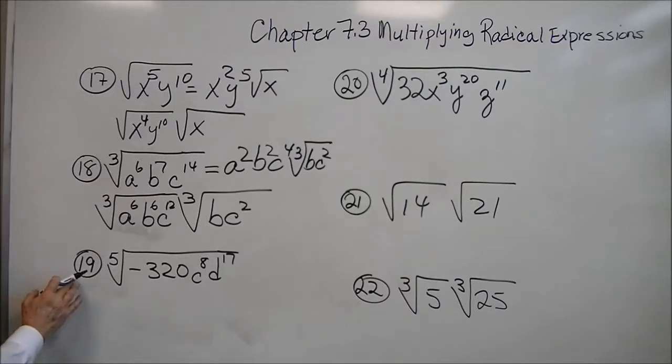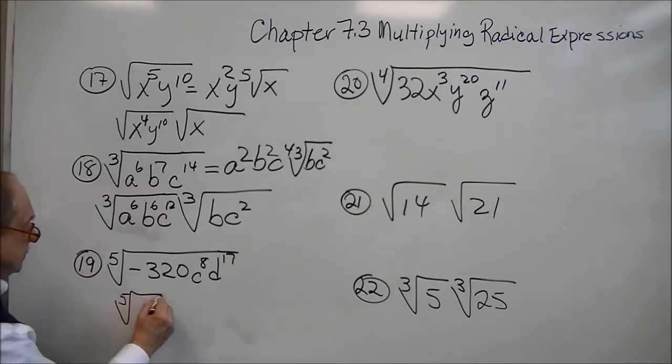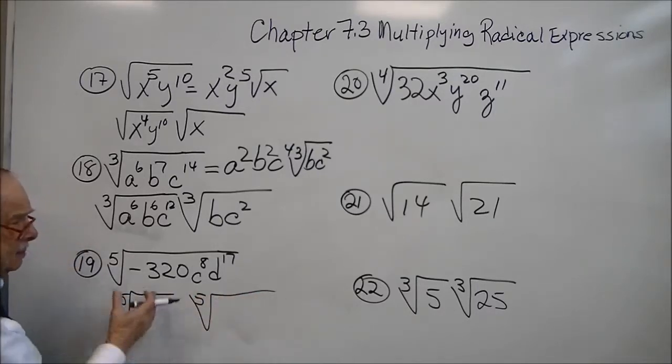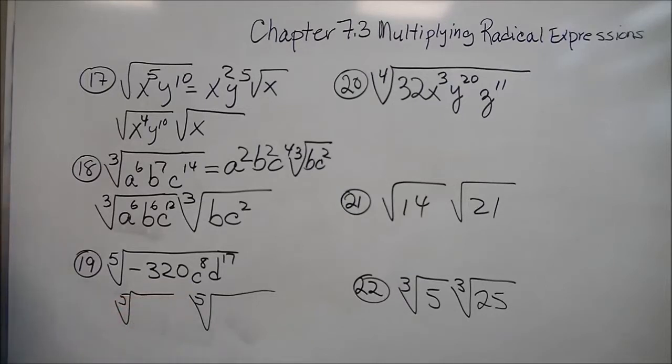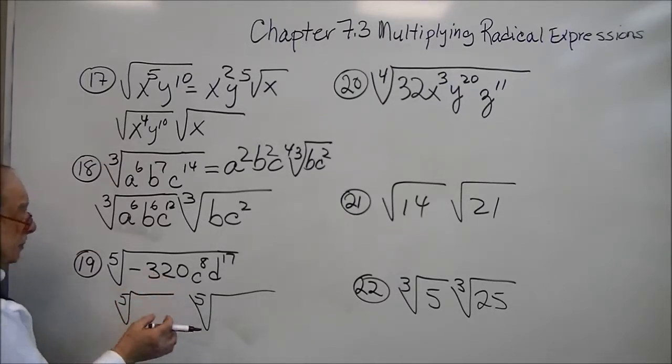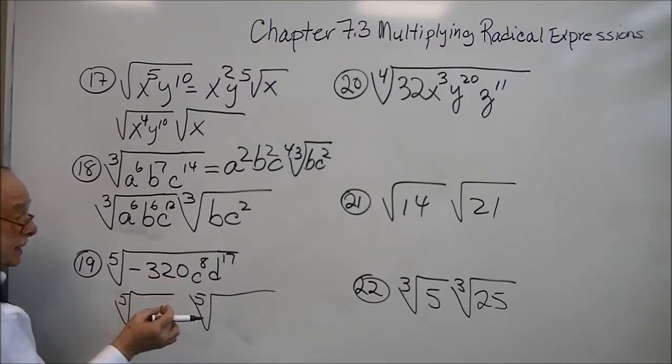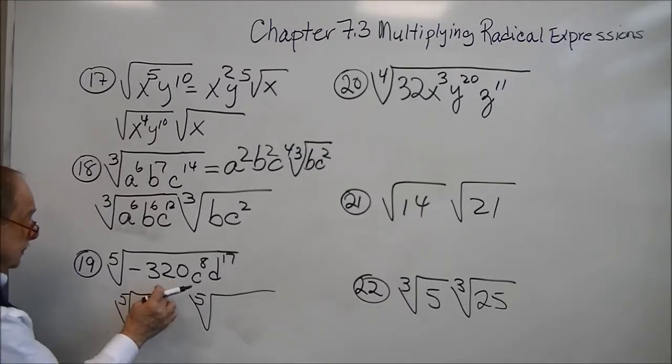All right, number 19, fifth root. You're developing a pattern of what you're going to do. Now, can you see a perfect fifth power here? Well, 2 to the fifth is 32.